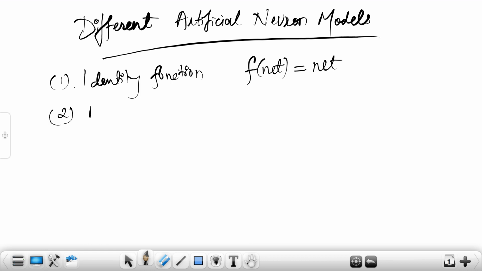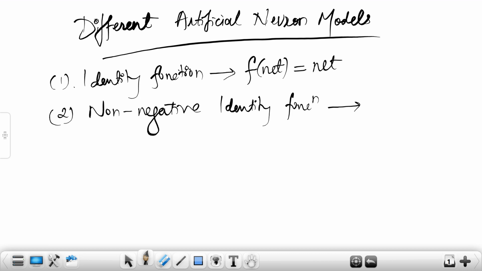Now we have the non-negative identity function. That means we don't want negative values. So how would it look? F of net equals max, maximum between 0 and net. Net will be a scalar value, a real value.